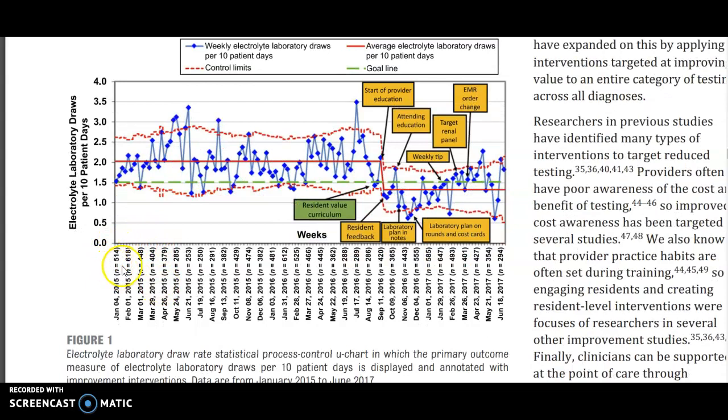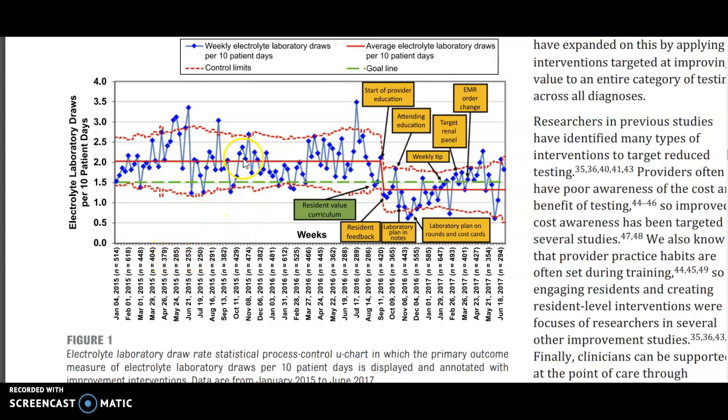So the number of possible patients, or 10 patient day units, that they have in each of these weeks is varying, which means that the control limits are going to vary. Essentially, the higher the sample size, the more accurate the limits can be.